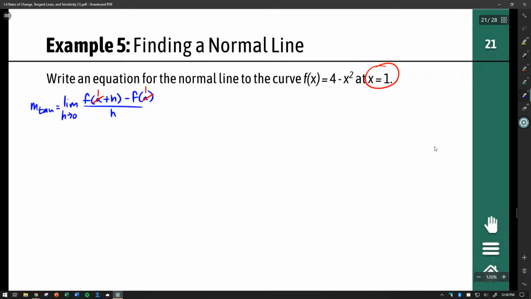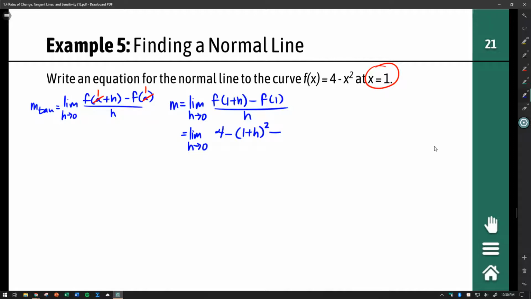We have m will be equal to the limit as h goes to 0 of f of 1 plus h minus f of 1 all over h. So let's begin to simplify this. Limit as h goes to 0. F of 1 plus h is going to be 4 minus 1 plus h quantity squared, minus f of 1.